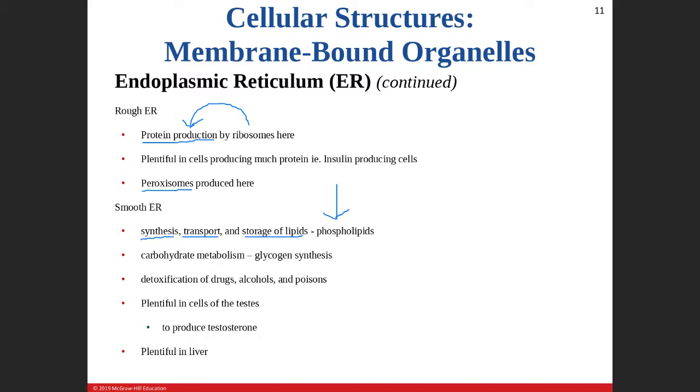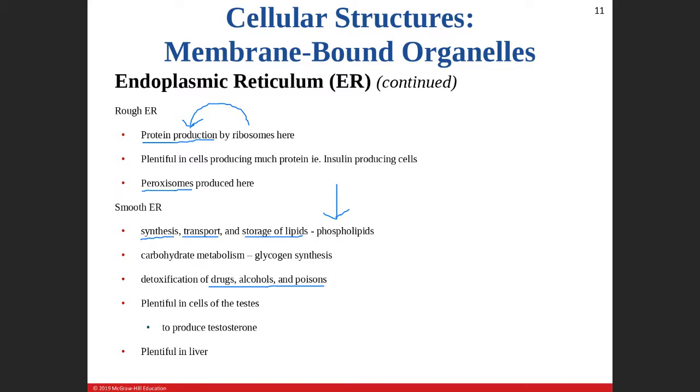When you ingest drugs, and I'm not saying, well, yes, illegal drugs, but also prescribed drugs, those drugs have to be broken down in order to be activated in some instances, and so the smooth endoplasmic reticulum will be involved in that. We'll see the detoxification of drugs there, and alcohol.